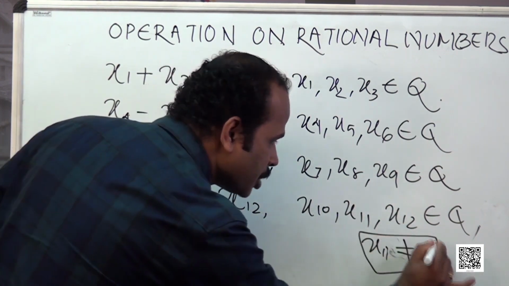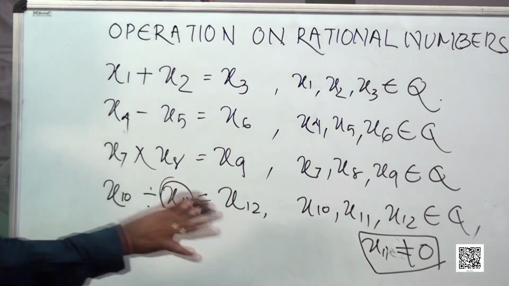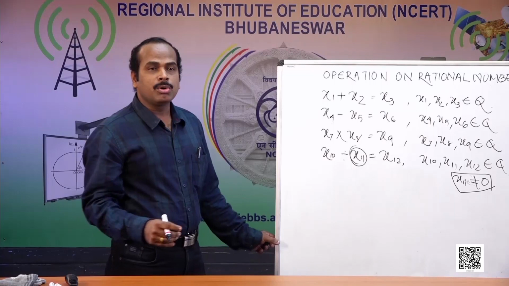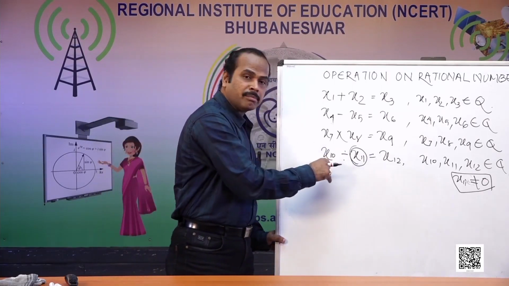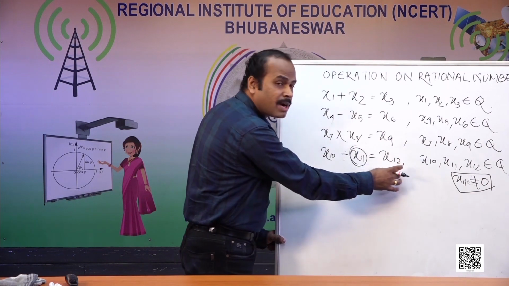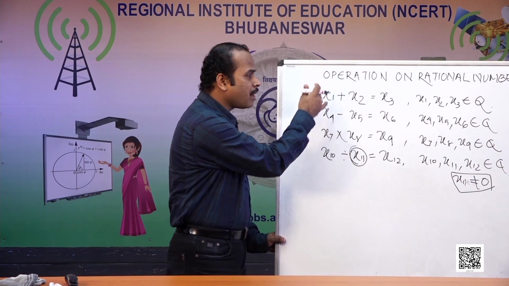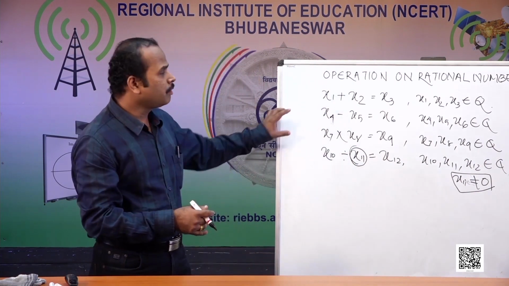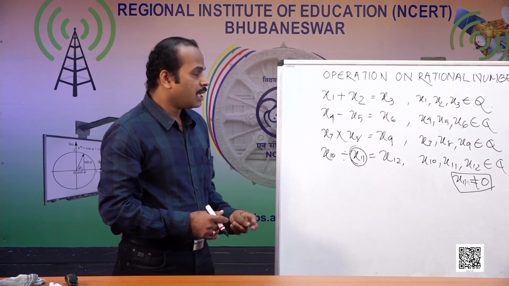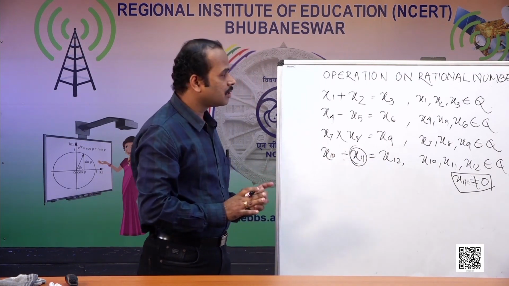The divisor should not be 0. Except for 0, if we divide any rational number by any other rational number, the quotient is definitely a rational number. So here we get an idea that when we operate on two rational numbers, we always find a rational number, except in the division case, where division by 0 is not allowed.